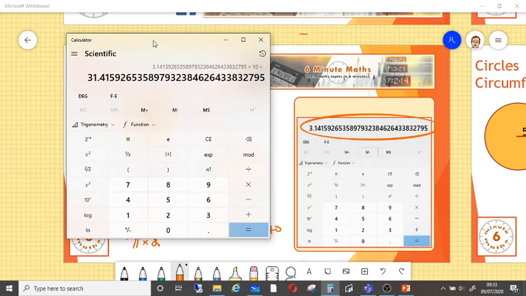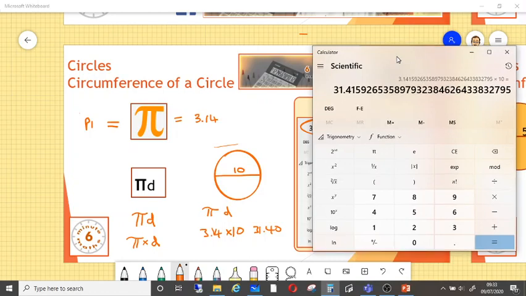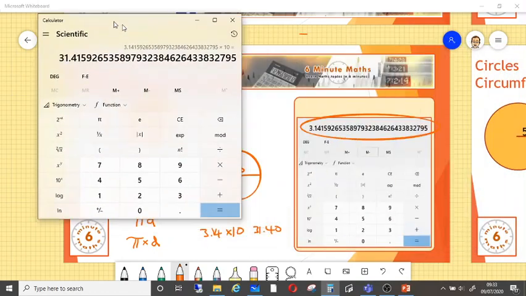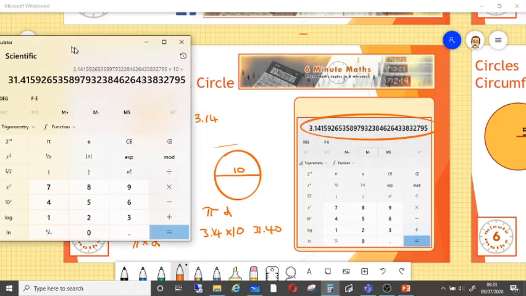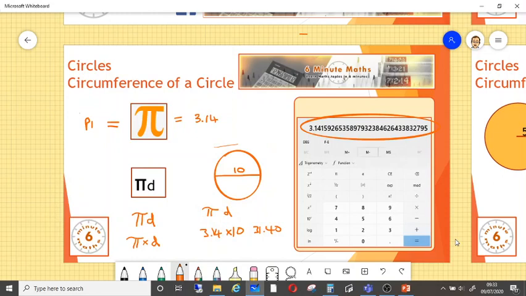You can see it's 31.41. It's slightly out, not much. So it's 31.41 instead of 31.40. Okay, let's close that out. So let's have a look at a couple of examples. Make sure we know where we're going with this. So I'll slide over to the next slide.